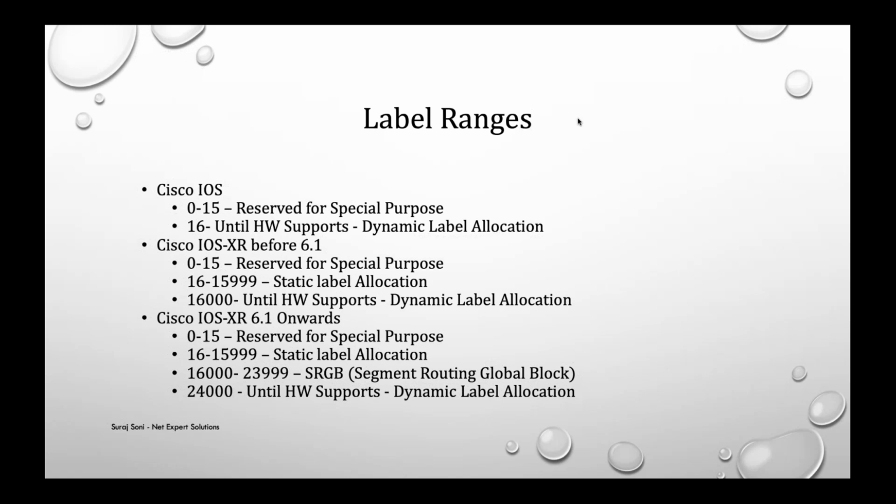Whenever a client comes in who needs a label, who can the client be? My LDP can be the client, my RSVP can be the client, my MPBGP can be the client, my TLDP can be the client, my OSPF or ISIS can be the client. Those protocols have to register themselves with LSD.